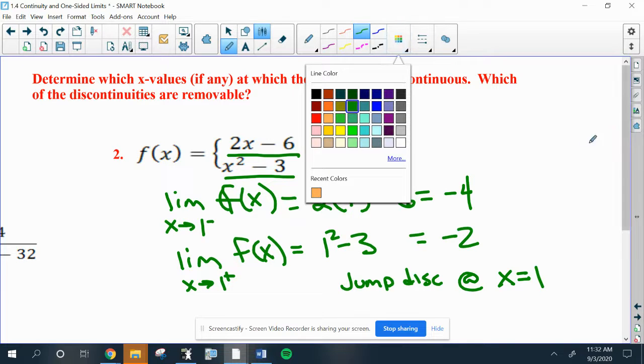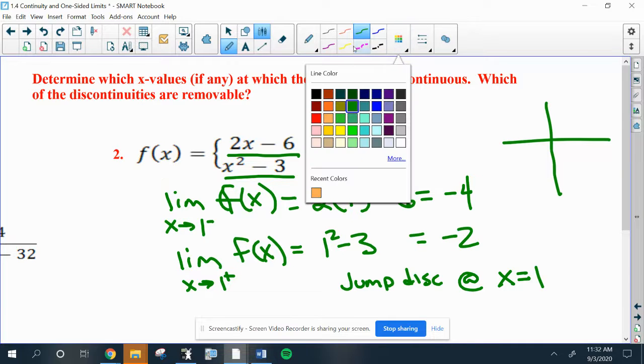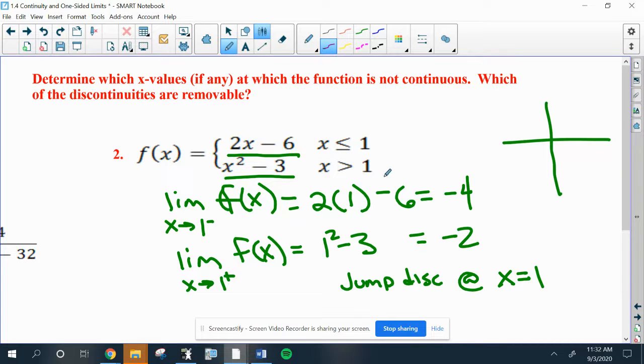Graphically, we can now think of this graph better. This 2x minus 6 part is a line, and we've just figured out at 1, it reaches negative 4. So here's 1, here's negative 4.